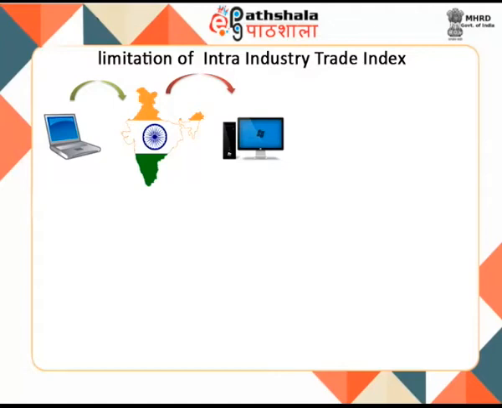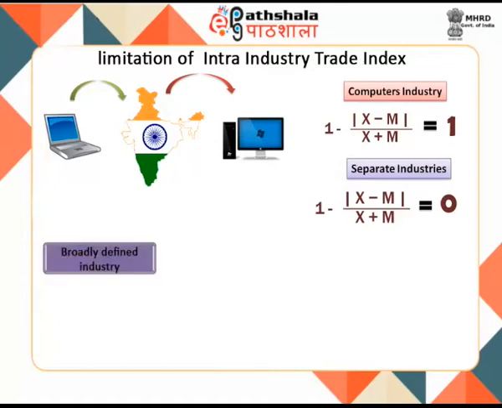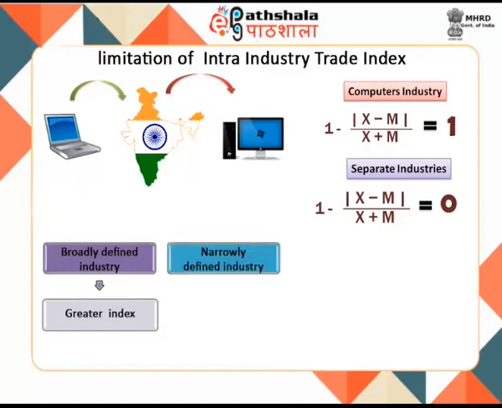If we define the industry to be the computer industry rather than laptop and desktop as separate industries, the intra-industry trade index calculated will be 1 as exports and imports are equal. But if laptop and desktop are separately defined, then the index calculated will be 0, indicating no intra-industry trade. So, the more broadly we define an industry, the greater will be the value of the index, and the more narrowly the industry is defined, the lower the index will be.